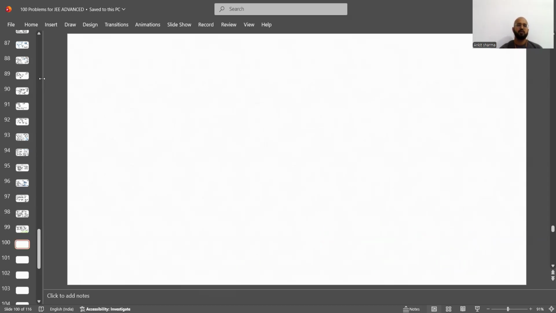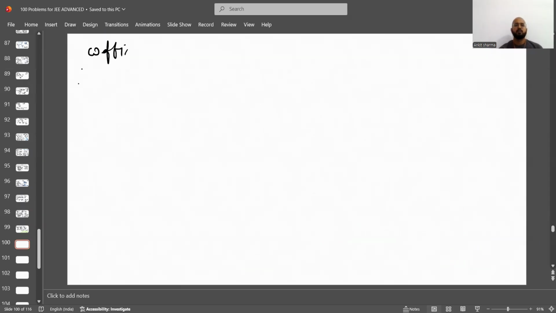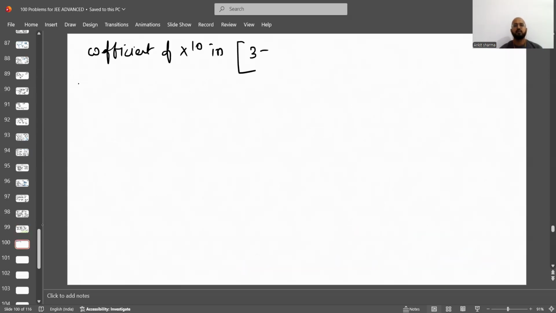We can now write down coefficient of x to the power 10 in. So now if I look at this bracket, then this looks like expansion of (3+x-1)^20.